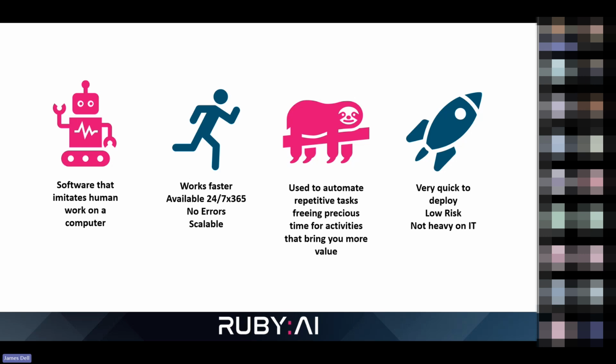Well, what happens if we could take away those mundane, repetitive tasks, the things that you're doing in and out every day, and give it to a non-human, to Ruby AI, for that to take on, to free your staff up to focus on the things that they can do, the creative thinking, the thinking outside the box, the taking on business challenges, whatever it may be, that they just don't have time to do because they're spending 16 hours in a spreadsheet that has zero value to you in the long term.